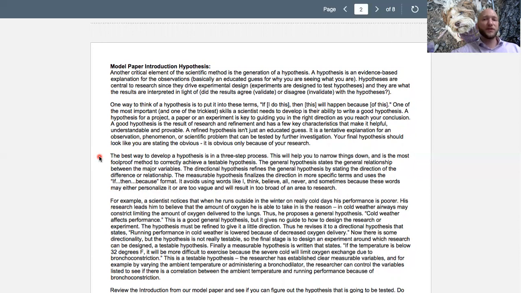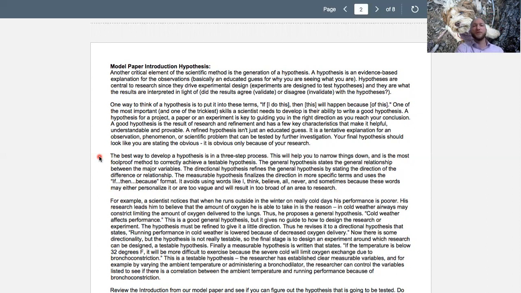Usually researchers have a hypothesis and then they develop an experiment to test that hypothesis. Having a hypothesis in this form helps a researcher develop protocols that will actually test what they want to know.